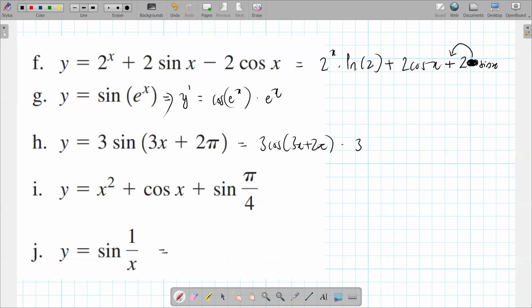What's the answer to J? So cosine of 1 over x. What do we multiply this by?